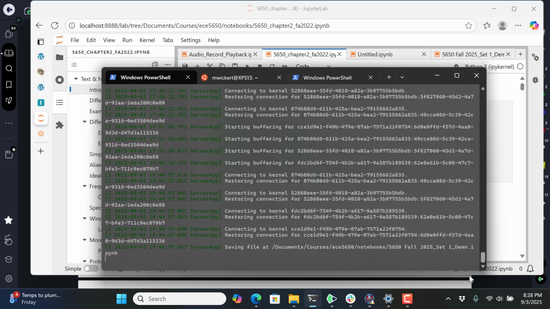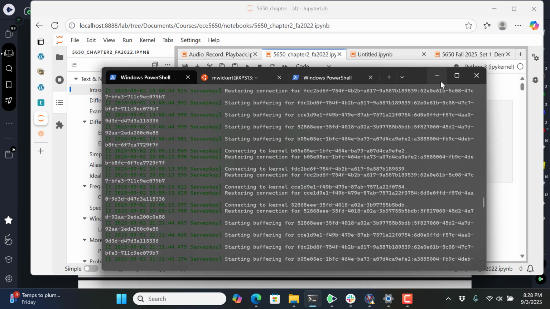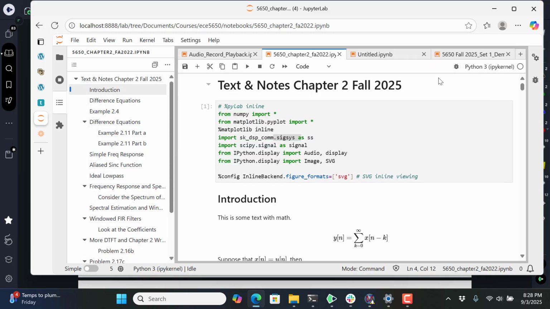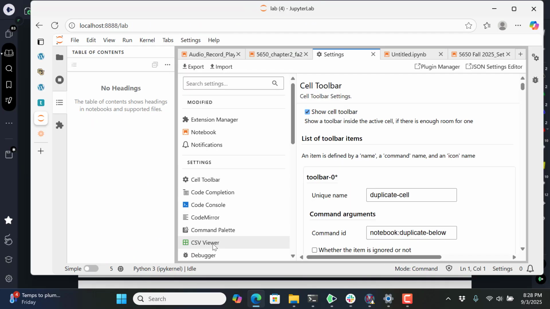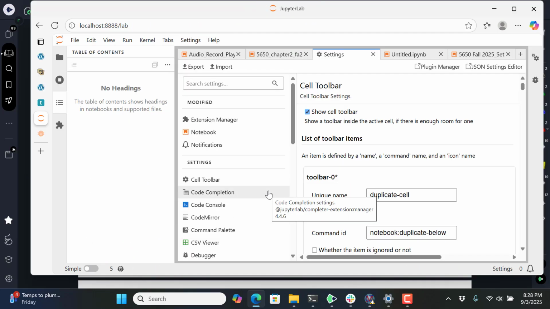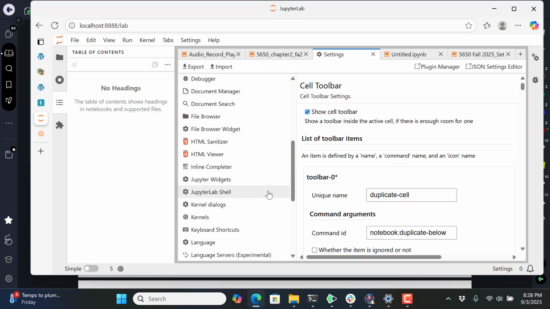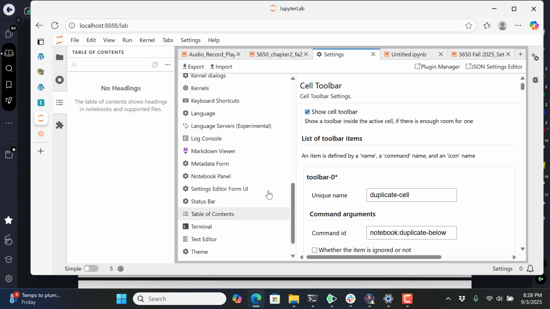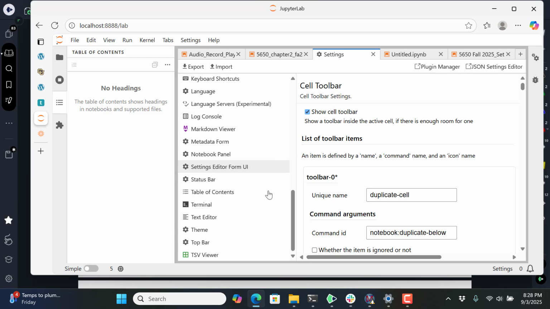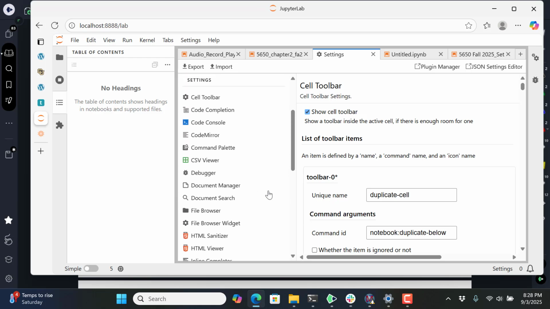One thing I didn't do last night that I'm going to do quickly before I stop recording and hand over to the regular recording is what I've had to do is go under Settings and go to the Settings Editor. And I always have a hard time remembering where in the Settings Editor I want to go to, because there's so many things in here. It's something that may bother you and may not bother you.